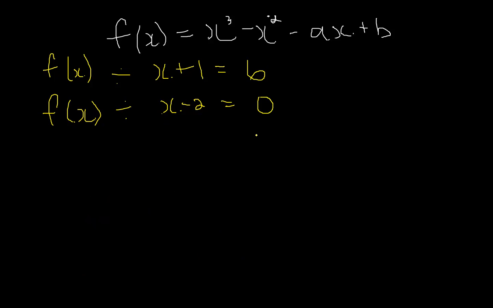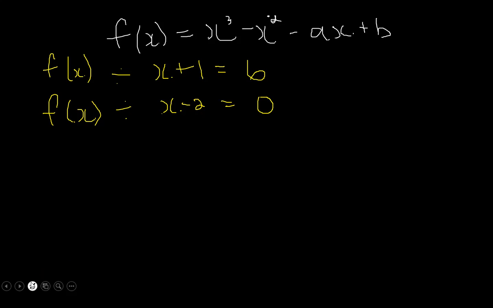So they didn't have to tell me when f of x is divided by x minus 2, the remainder is 0. Just the fact that they told me that x minus 2 is a factor, I would know that when f of x is divided by x minus 2, the remainder is going to give me 0.